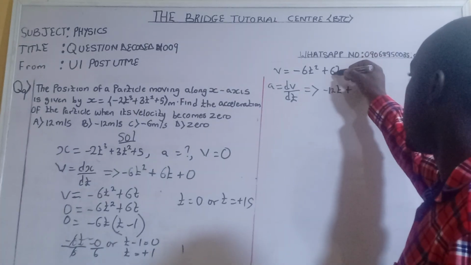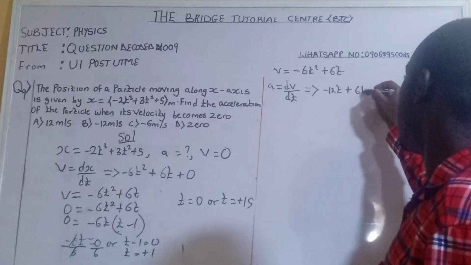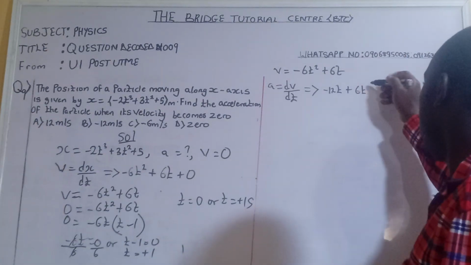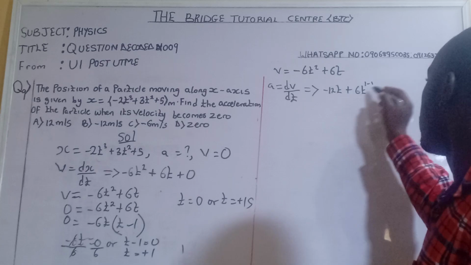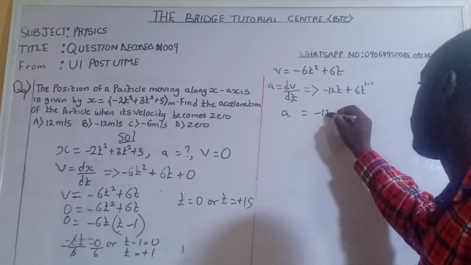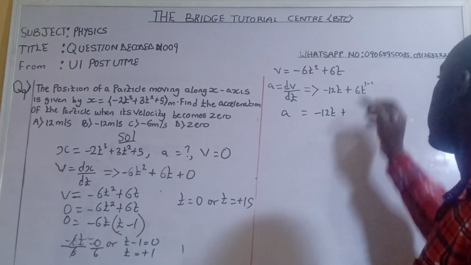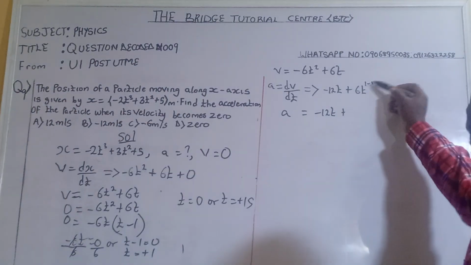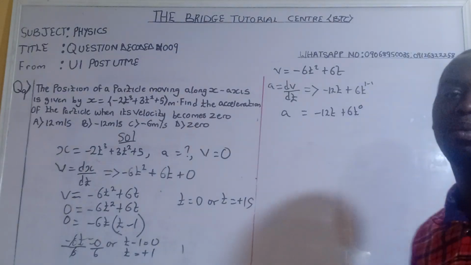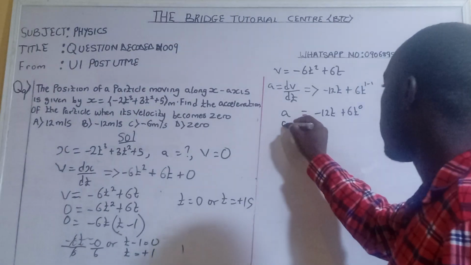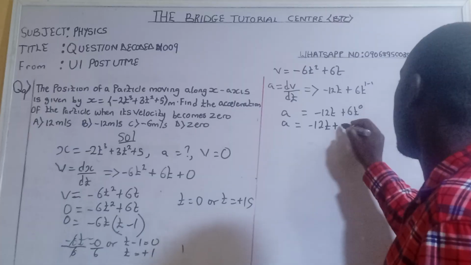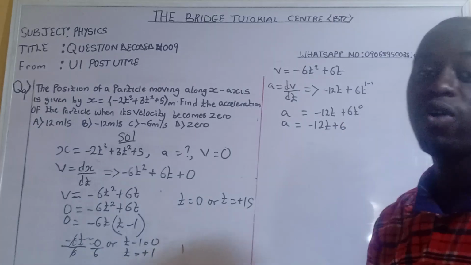You bring the power here: 1 times 6 gives 6t raised to the power 1 minus 1, which is 0. Any number raised to the power 0 is equal to 1. So a equals minus 12t plus 6 multiplied by 1, that's 6. So this is the equation for our acceleration.